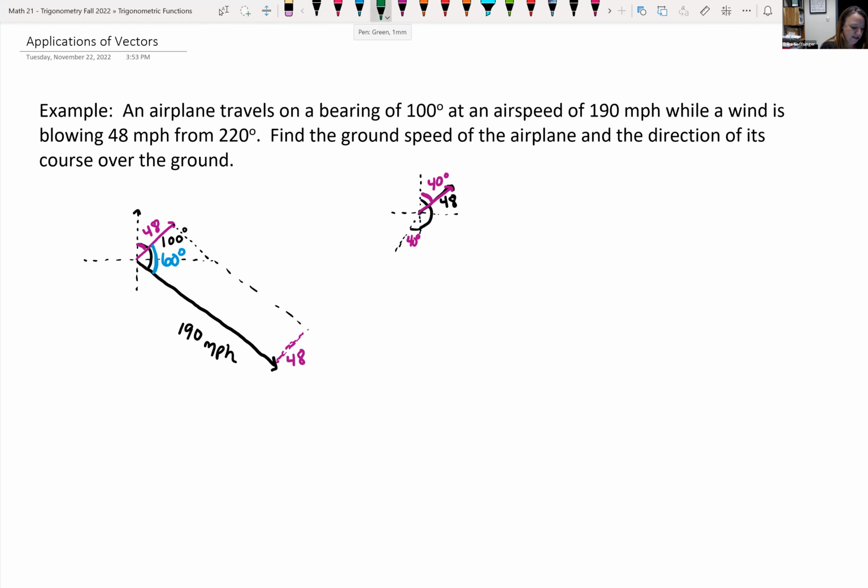And then the resultant is going to start here at the origin and it's going to come here. So it's going to look like this in here. So this line I just drew in green, the diagonal of this parallelogram, will give me the course, and I can find the length of that, the magnitude, which would give me the ground speed.